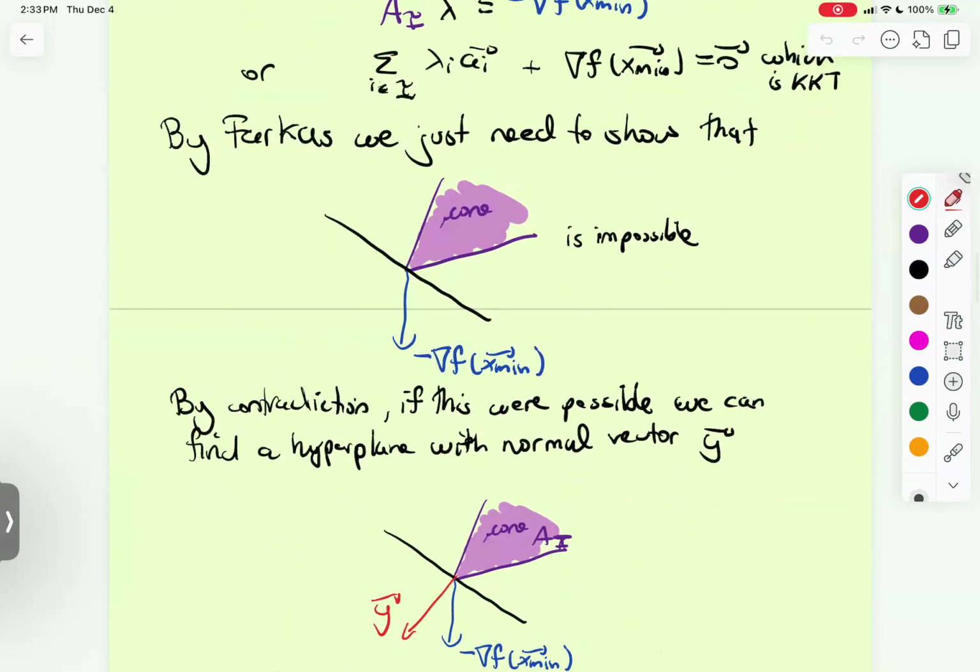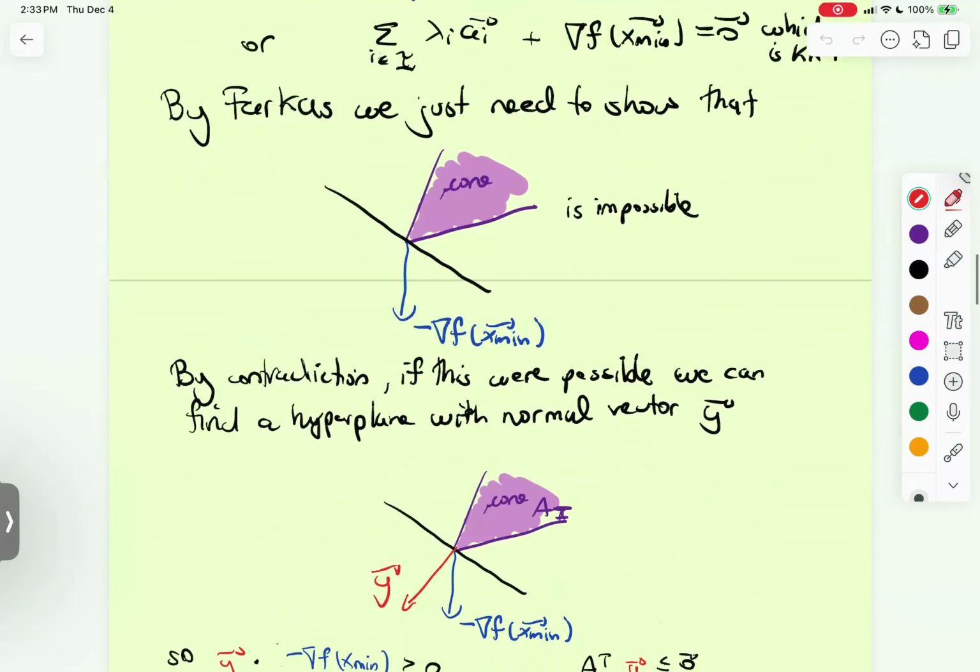But what does that mean at a practical level? If this were to happen, then you can find a plane that separates it, and this plane is specified by a normal vector. Any hyperplane can be specified by a normal vector; there's a generalization of the plane's normal vector for hyperplanes.